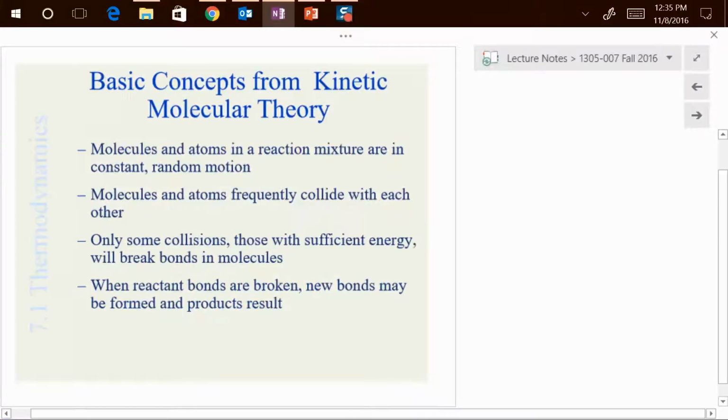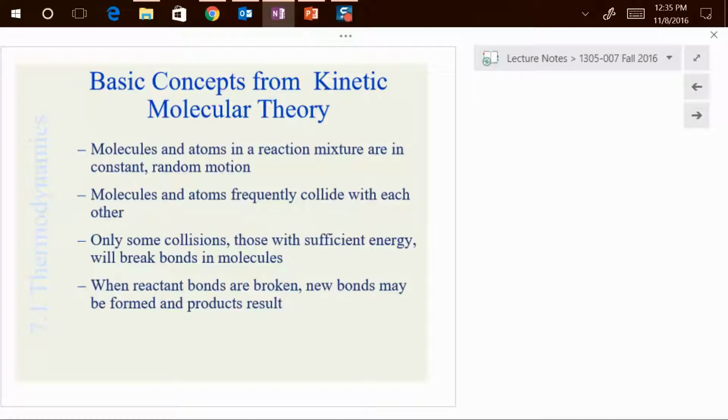All right. So we talked about the kinetic molecular theory in Chapter 5 with gases, how these molecules and atoms in a reaction mixture are in constant random motion. That was true for gases as well, but it's true if they're in a solution.